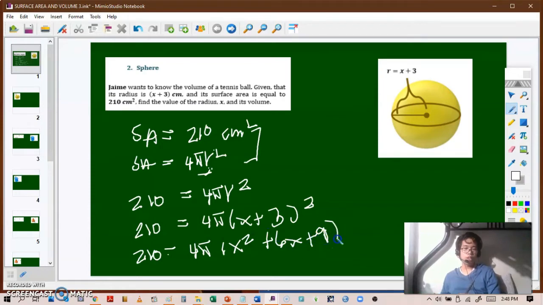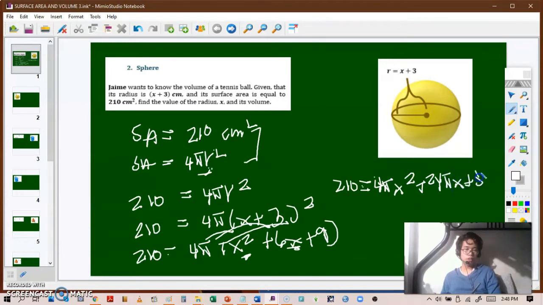And from here, we can now solve for the value of x. So we distribute 4 pi to the different parts. That's going to be 210 is equal to 4 pi x squared plus 24 pi x plus 36 pi. Then we transfer 210 to the other side, so that we can solve for the value of x and find the two roots.